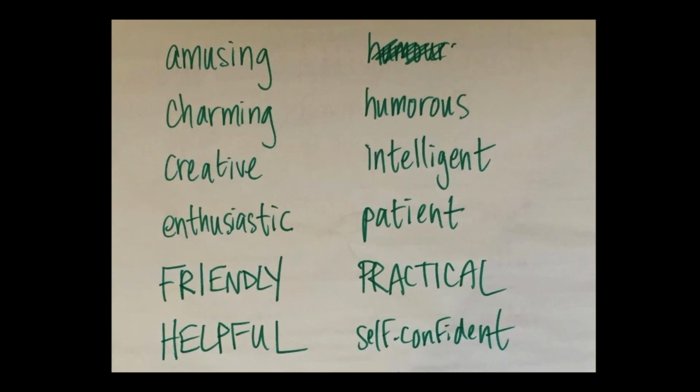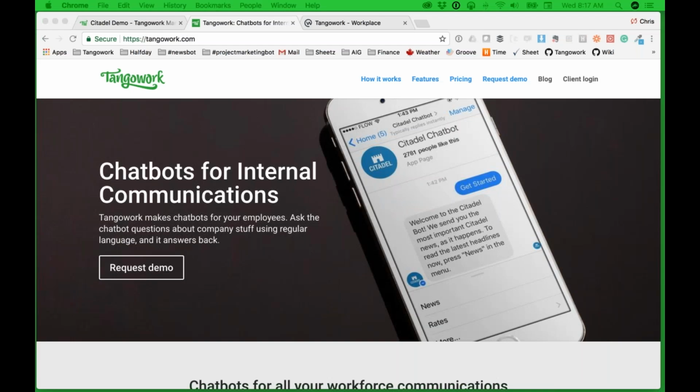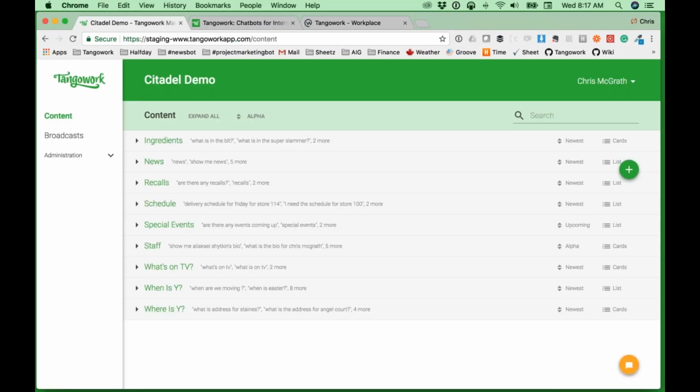So the next strip here of key steps is we started writing sample answers, the ways that the chatbot would reply. We designed an icon and logo type, and we can just have a look at that if we skip over to our demo here.